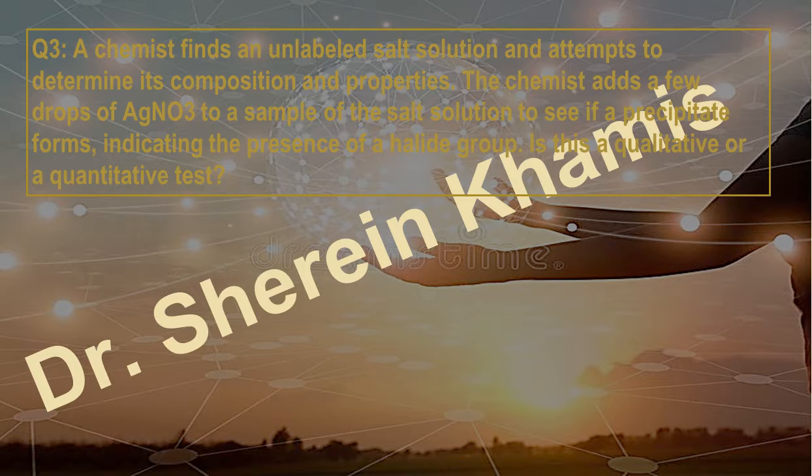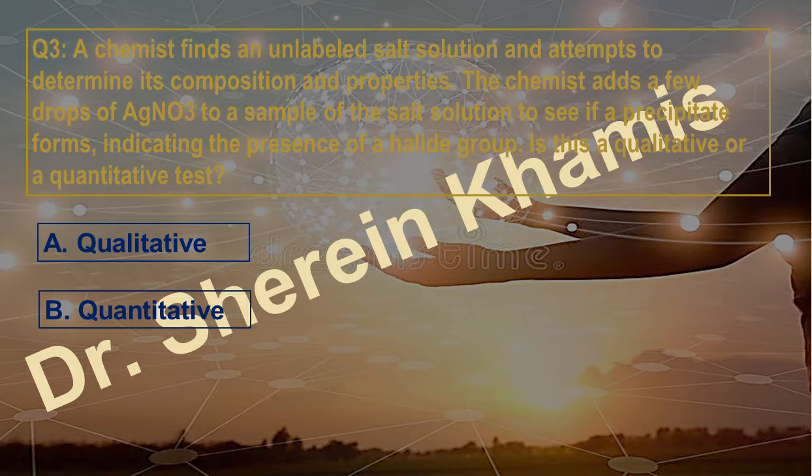Is this qualitative or quantitative? We have two choices, qualitative and quantitative. We don't want to know the percentage, so we want the qualitative. We are not measuring the percentage or the amount of any group or halide as a functional group. We want a qualitative test for it.